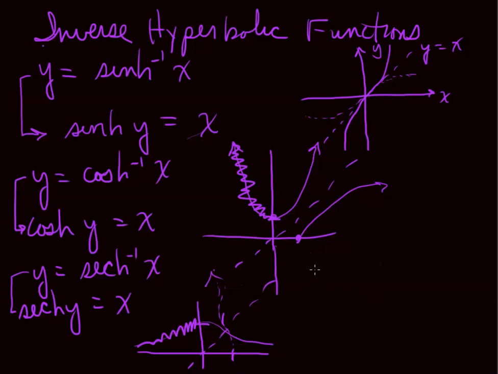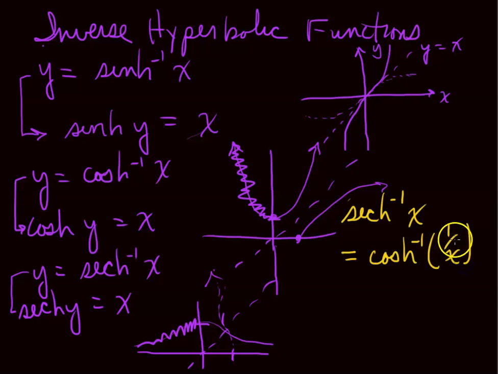Some important identities to recognize, and this happened with the trig functions too, when you wanted to rewrite something. If you have the sech inverse of x, how can you rewrite that with the cosh? Well, it's not 1 over sech inverse. That's true for the hyperbolic, but not the inverse. It is the inverse cosh of 1 over x.